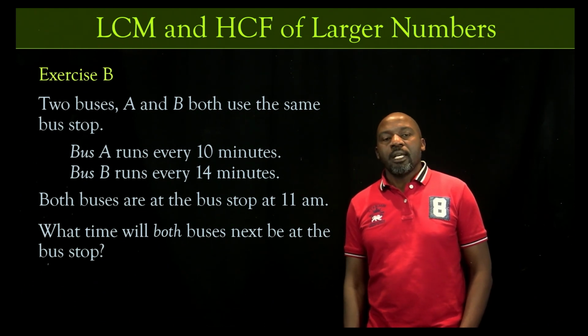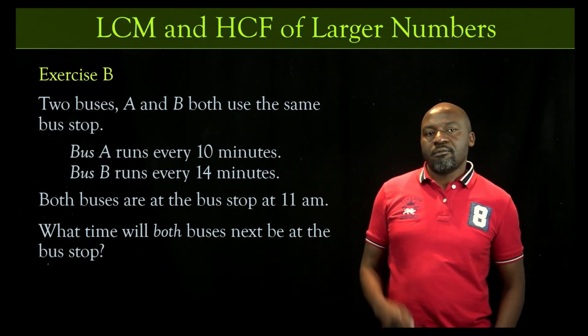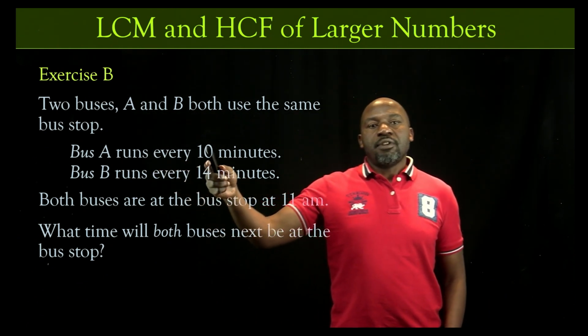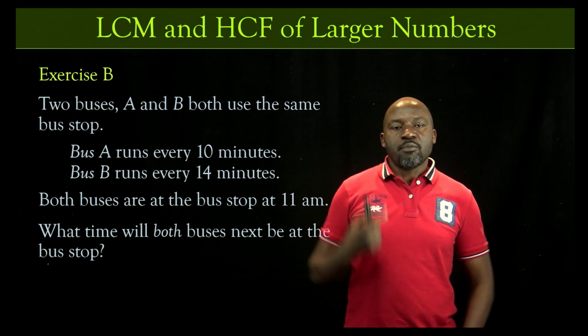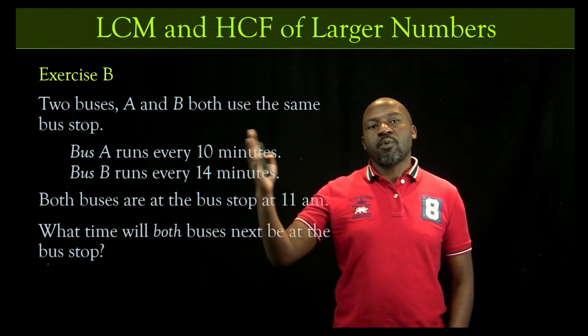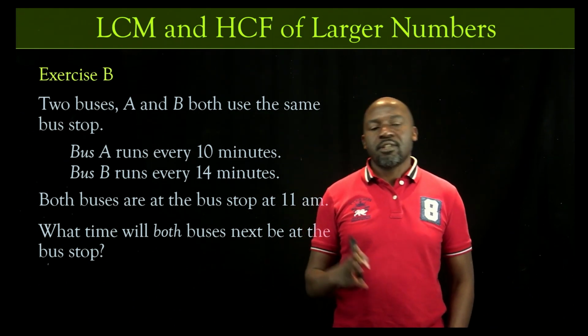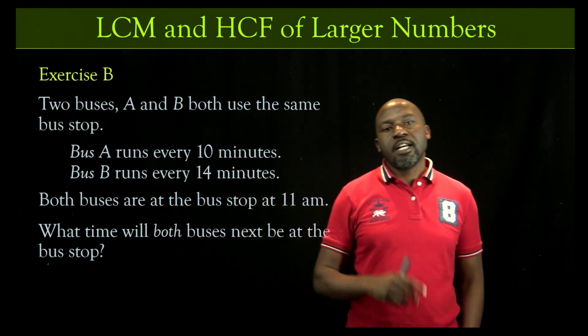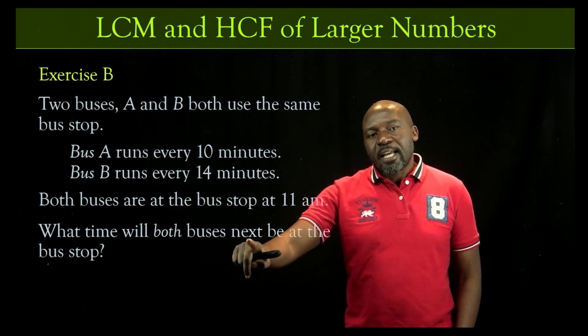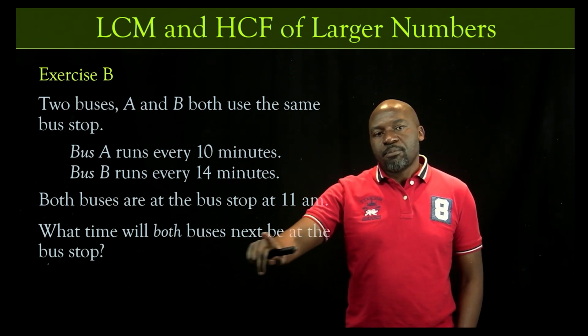Okay, now to answer this question, when you read this, think of the bus running. If it runs every 10 minutes, that means we can tell when it will next come in. It will be after 20 minutes, then after 30 minutes. So we are actually talking multiples, all right? And the question is saying, when will the buses next be at the bus stop together?